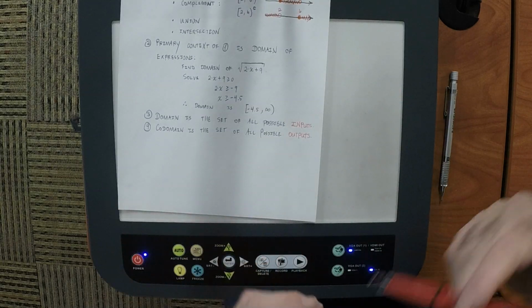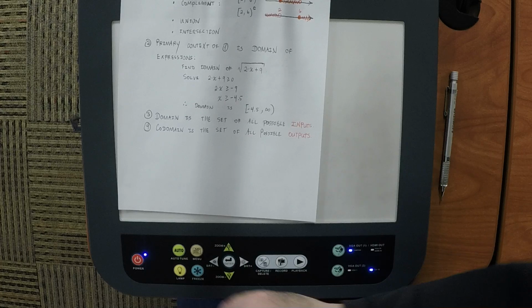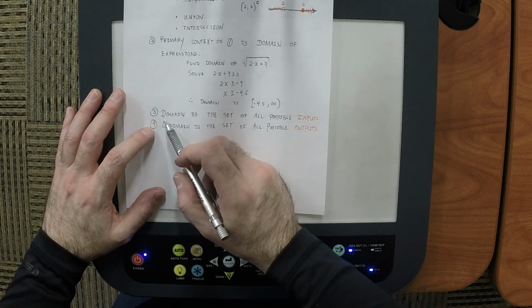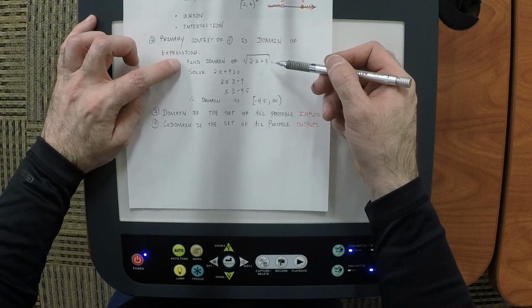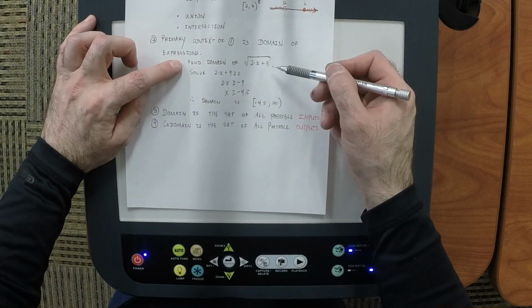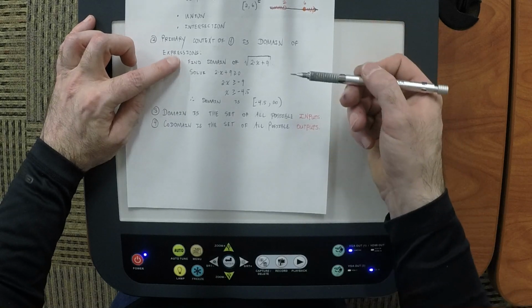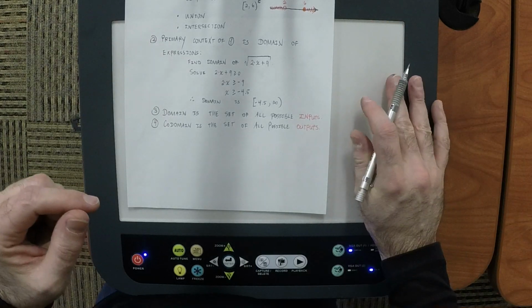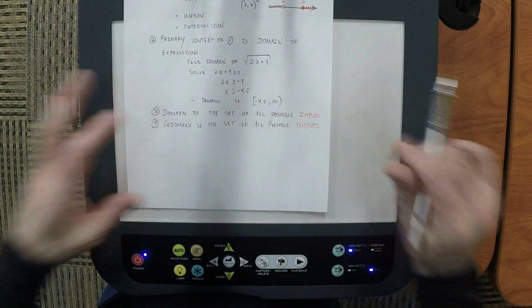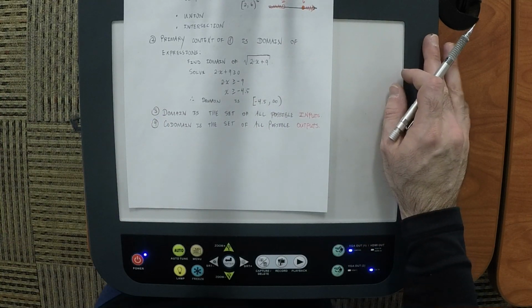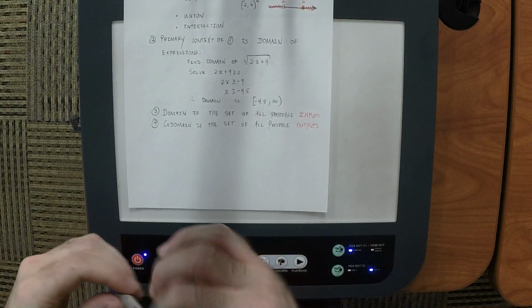We're not going to do it today, but in the coming lectures, it's not going to be just find the domain of this. It's going to say find the domain and the codomain of this. First we have to calculate the domain. Then once you have that, you can go on to calculate the codomain.